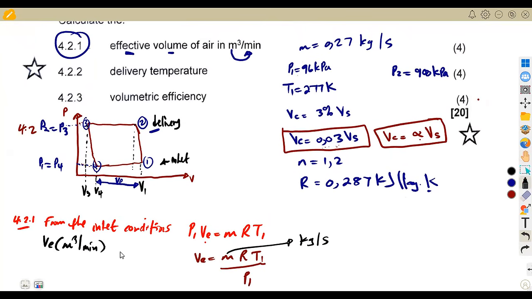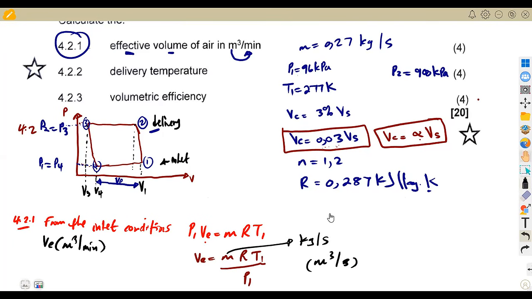So it means in our calculation, our answer is going to be in cubic meters per second. So we have to convert it to cubic meters per minute. Either you just convert your mass to kilograms per minute, or you calculate your effective volume in cubic meters per second, then convert to cubic meters per minute. It's your choice.